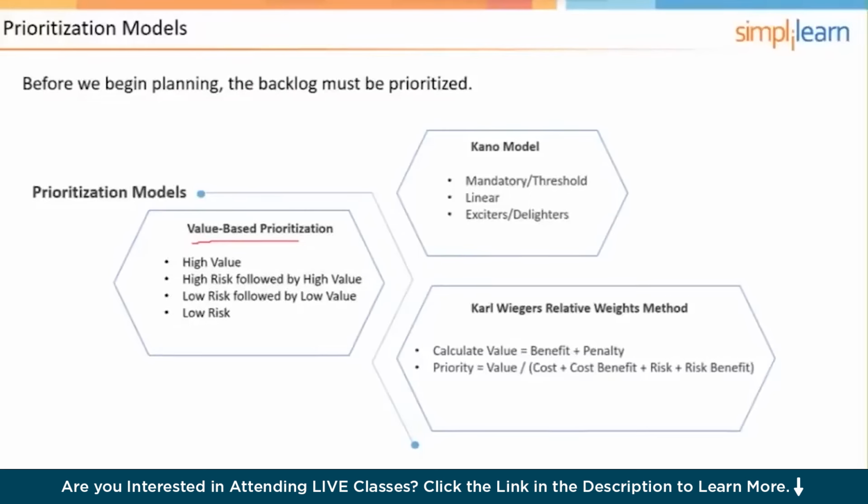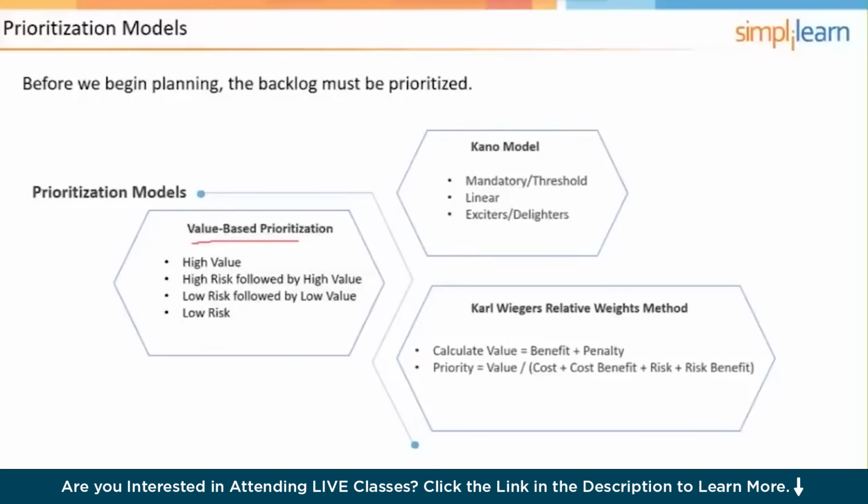If they're not there, it creates dissatisfaction. If the product owner and the team have done a good job in identifying what are the mandatory or threshold items, you would see that it just gets it to neutral. That's what's expected for the product.